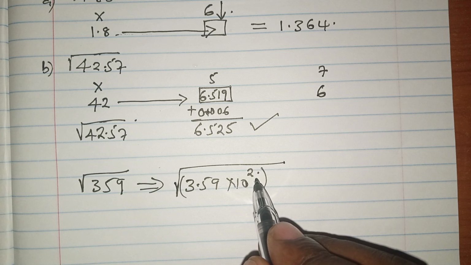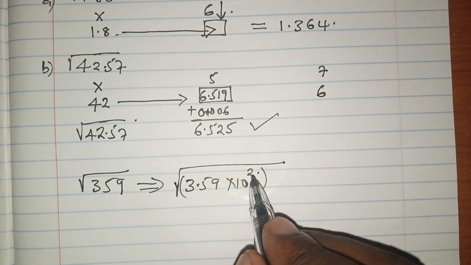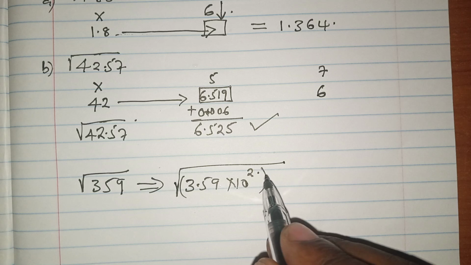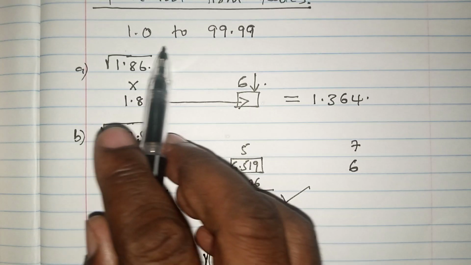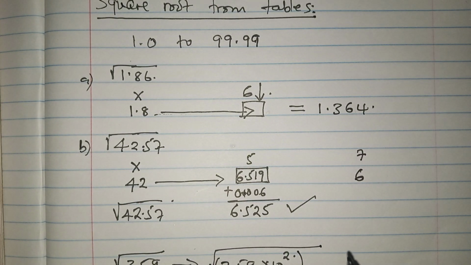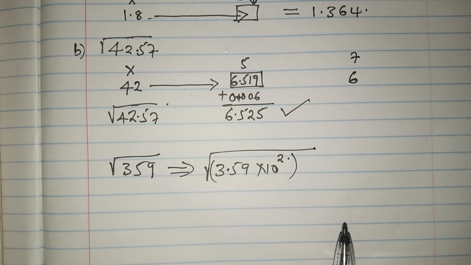The square root of 100 is 10, which is 10 raised to power 1. So by all means, when you write a number between 1 and 99.99, make sure it is multiplied by 10 raised to an even power.